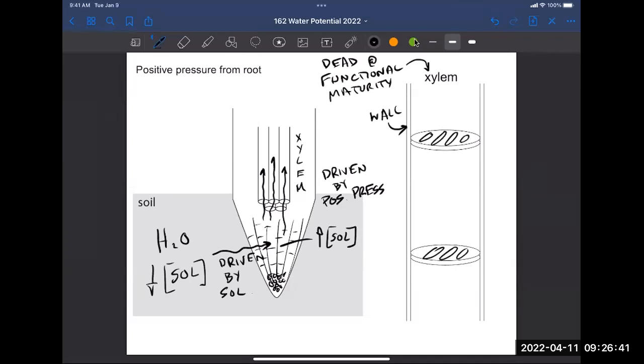In my drawing, there were 1, 2, 3 cells that are now gone, and their cell walls are all that are left there. And so these are called perforations down here. And these are just holes in that cell wall that are going to make it easier for water to move up through this column, right?